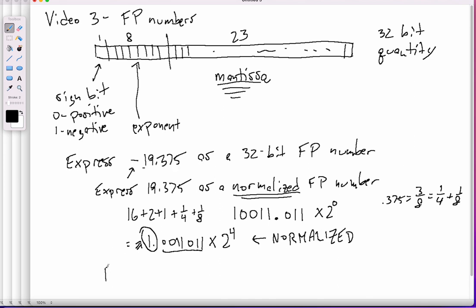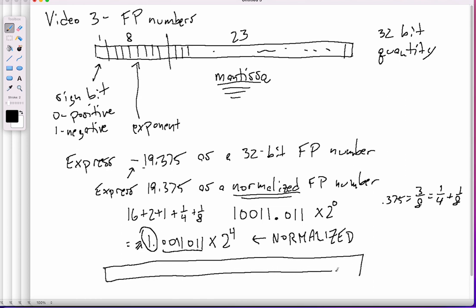So now, if I were to ask what minus 19.375 looks like, I can describe a large portion of it. Over here in the sign bit, there's going to be a 1, because this is a negative number. Now I've got the exponent, which we said is 8 bits: 1, 2, 3, 4, 5, 6, 7, 8. And then we have to store the mantissa.